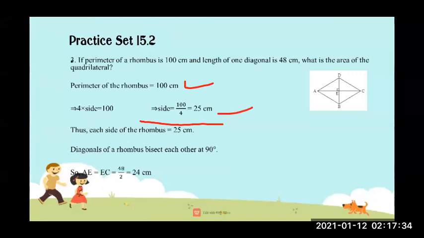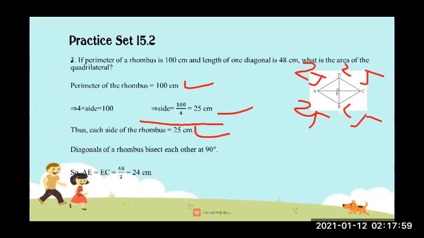That means this side is given. There are how many sides? There are 4 sides in the rhombus. So if we get one side, that is 25, that means all the 4 sides are also 25 centimeters. So that statement we will write: thus each side of a rhombus is equal to 25 centimeter.